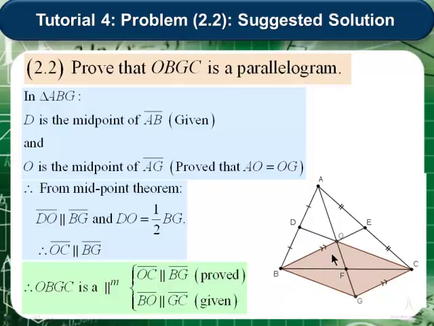Therefore, the shaded quadrilateral is a parallelogram, because we've proved here that OC is parallel to BG, and it was given that BO is parallel to GC according to the construction. So we have proved that two pairs of opposite sides are parallel, and therefore it must be a parallelogram.